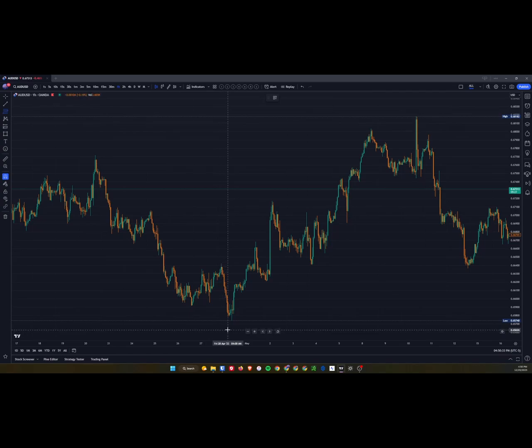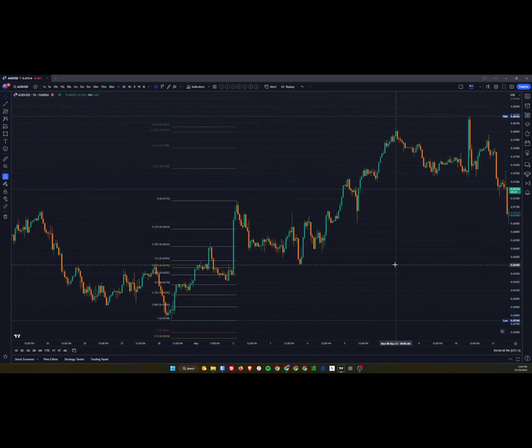All right, so back to Fibonacci retracement levels. Another trick and tip that I've picked up over years of analysis is, as a general rule of thumb, the lower it retraces, the lower it will go higher and extend.